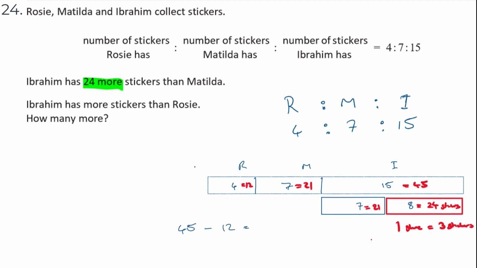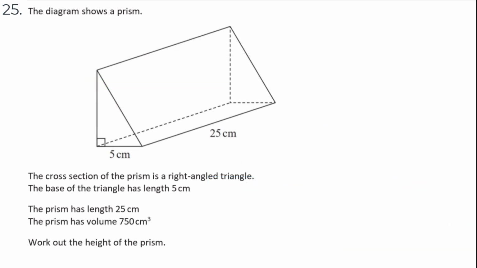He's going to have 33 more stickers compared to Rosie, isn't he? So Ibrahim has 33 more stickers than Rosie.